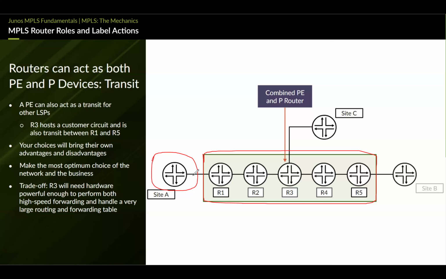This is normal IP routing. This may be the customer communicating with router 1 using static routing or using BGP. This is normal IP routing, not MPLS communication, between the customer's router and the provider's router. That's why I call this portion the IP domain.